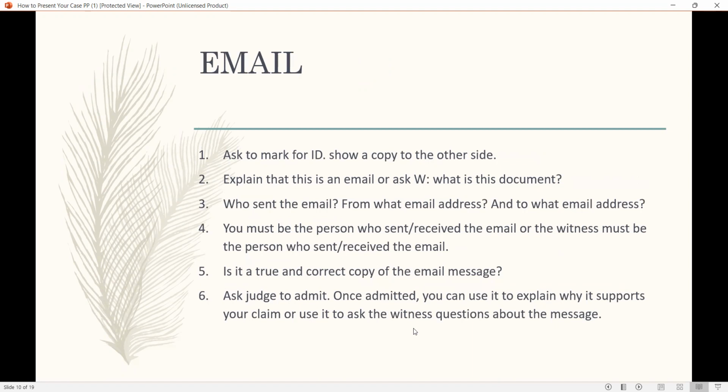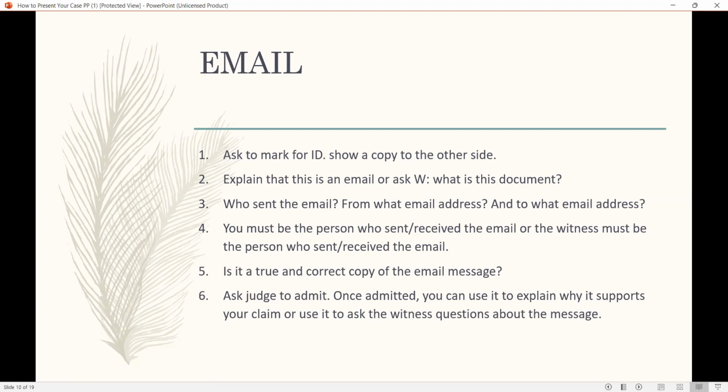When it comes to email, it's very similar to a text message. Ask the court or the clerk to mark it for identification, show a copy to the other side, and explain that this is an email, or if you're introducing it through a witness, because it's an email from a witness, ask the witness, what is this document?